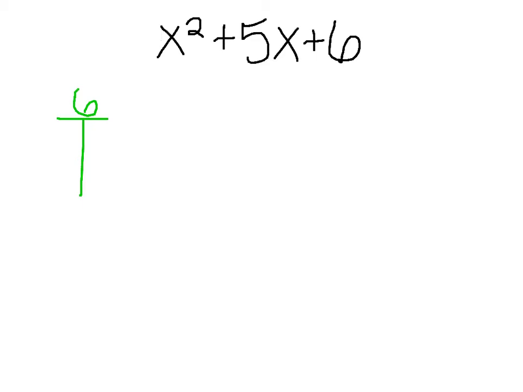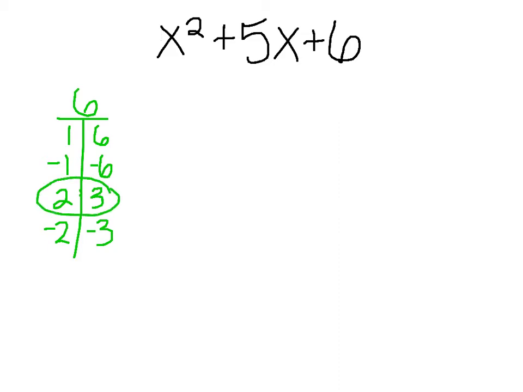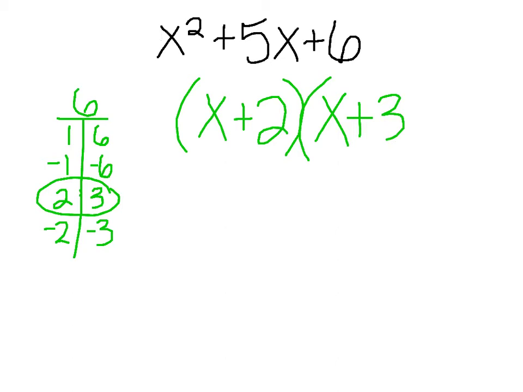Well, remember, it's positive, so I can do 1 and 6, or -1 and -6, or 2 and 3, or -2 and -3. Well, I'm going to see that 3 and 2 actually add up to 5. So those are my factors, x plus 2 times x plus 3. And I'm done. That's my final answer.